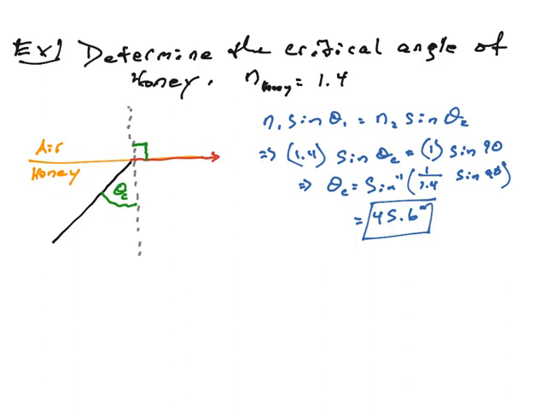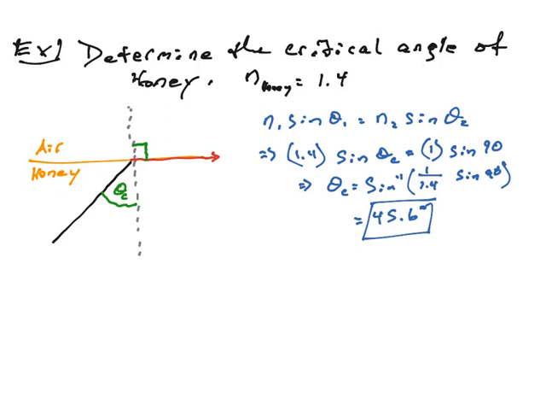And there we go. If you're in honey and you shine a laser beam towards the air at 45.6 degrees or bigger, then someone outside of the honey trying to look at you will not see that laser beam come out. Because it completely, totally reflects internally.